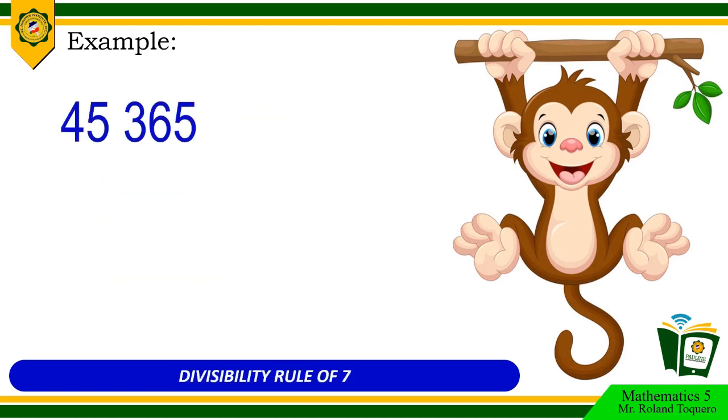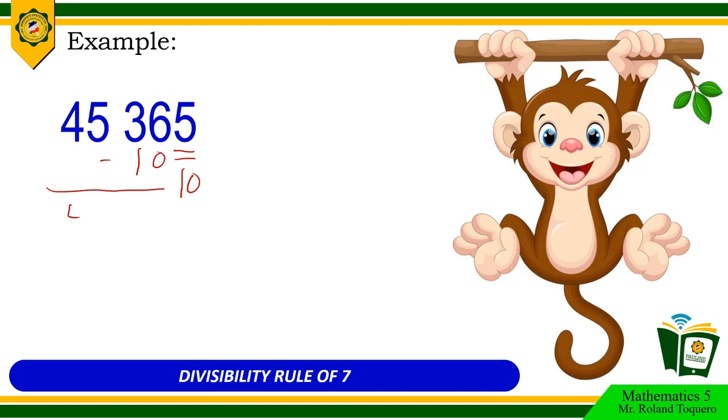Let us proceed to the divisibility rule of 7. The given number is 45,365. To know if the given number is divisible by 7, you need to double the last digit and subtract it from the remaining digits. Repeat the process until you come up with 0. In the given 45,365, double the last digit.